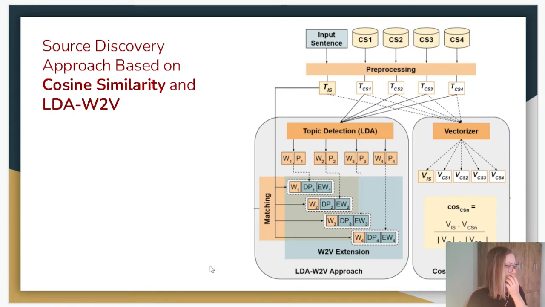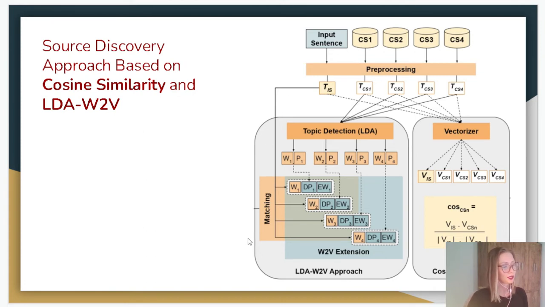So considering these concepts I've mentioned, in our study we use a search discovery approach based on cosine similarity and LDA Word2Vec. We adapted and joined these two methods to deal with our case study, which is open data.